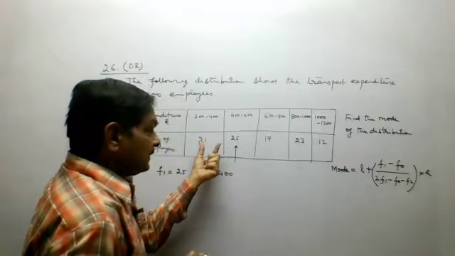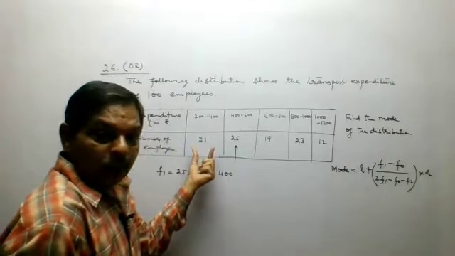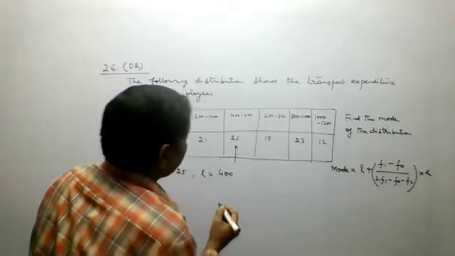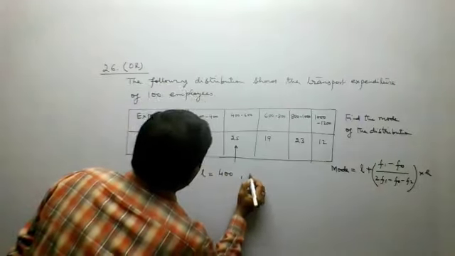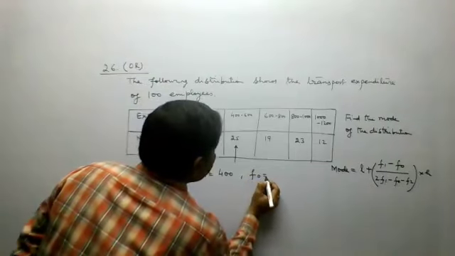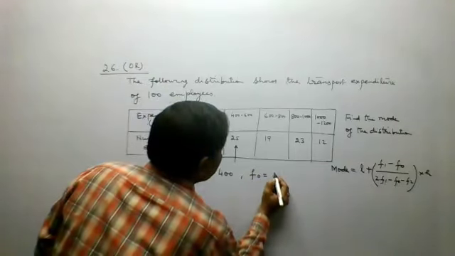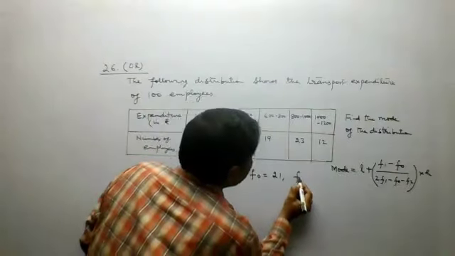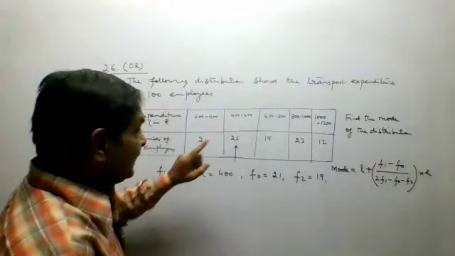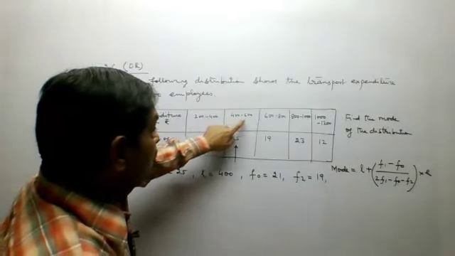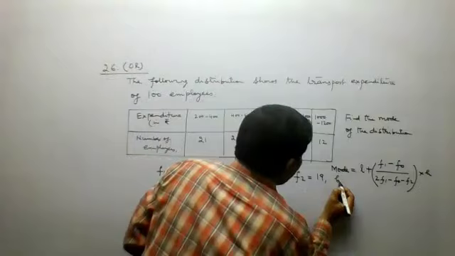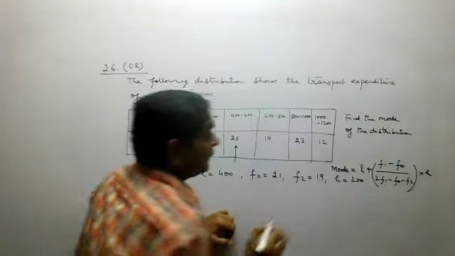F0 is the frequency which is prior to the modal class. So that is equal to 21. So F0 is equal to 21. Now F2 is equal to 19 and H is equal to 600 minus 400, that is 200. So H is equal to 200.